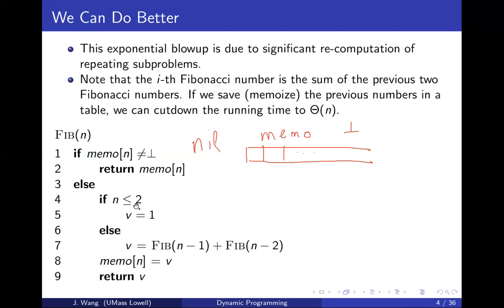Otherwise, if n is less than or equal to 2, then we set v to be 1 because you are supposed to return 1. That v will be placed in this array. And if n is greater than 2, then you do fib of n minus 1 plus fib of n minus 2, and whatever that value is will be placed into this.